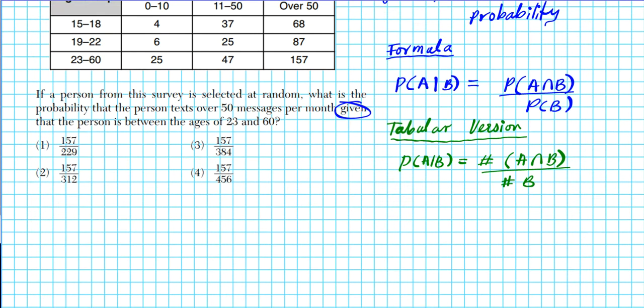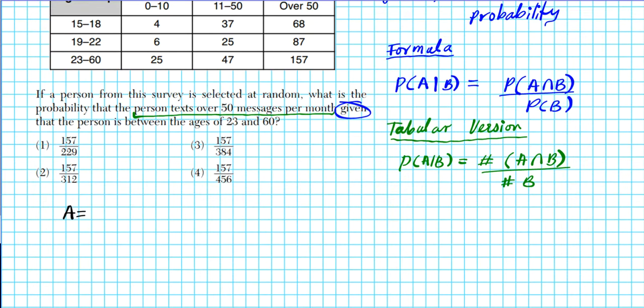So just to help you with the setup, let's determine what A and B are, okay? So A is basically what comes before the given. So we have given right here, so what comes before given? A person texts over 50 messages per month, okay? So A is the event that the person texts over 50 messages per month.